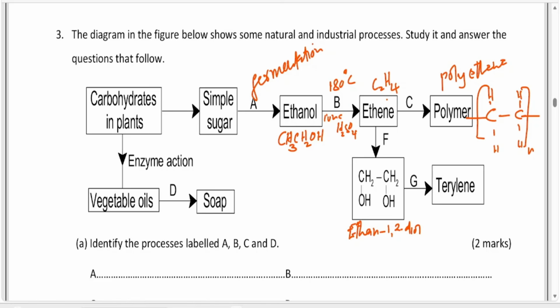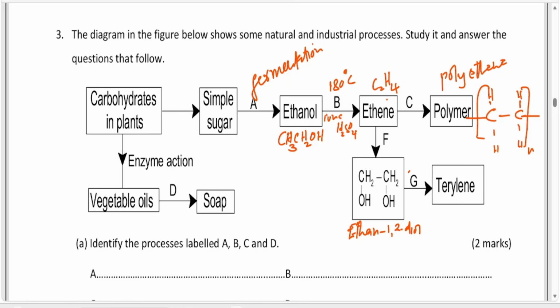And then it undergoes another process by being added something else that leads to formation of a polymer that we call terylene. So when ethane 1,2-diol reacts with another monomer from a different compound, it forms terylene, and that compound is known as benzene 1,4-dioic acid.